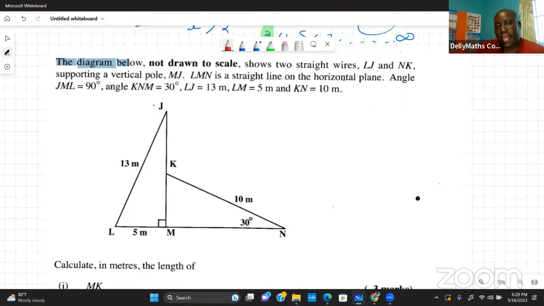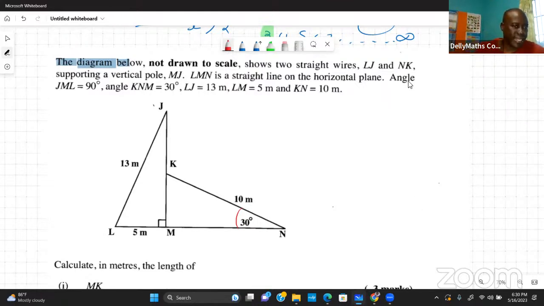Now they're saying that LMN is a straight line on a horizontal plane. Angle JML is 90, KNM is 30, and they give everything else, the 13, the 5, and the 10.